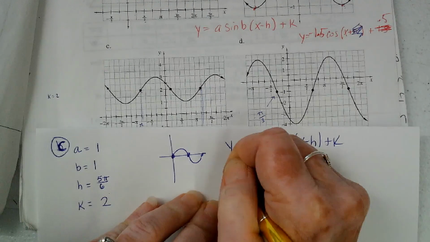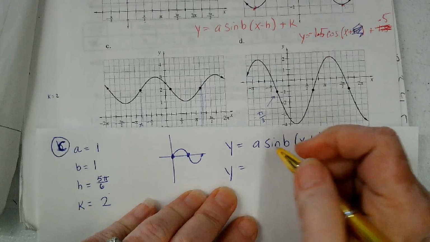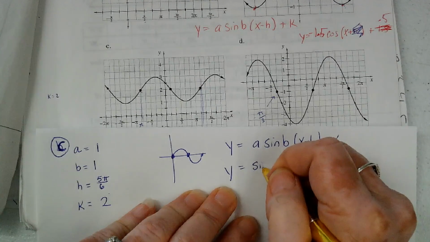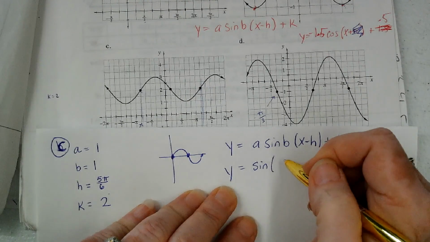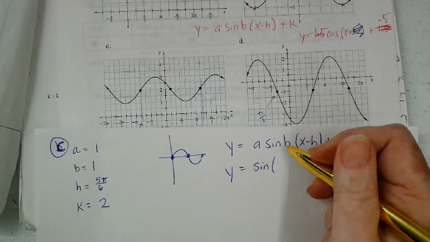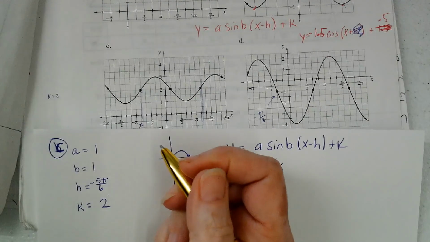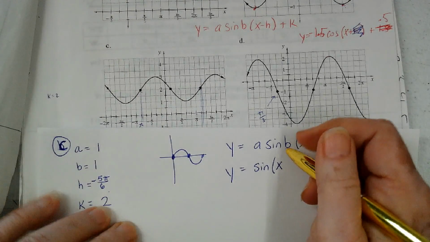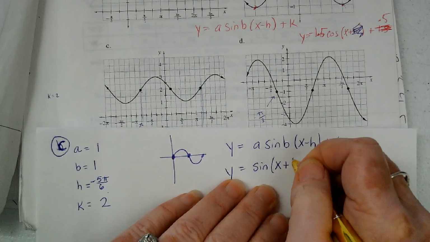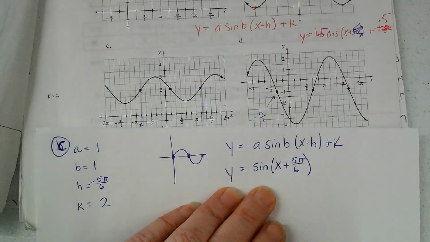So we said a was 1, so we won't write that. b was 1, we won't write that. So it's shifted left, so I'm going to write plus 5 pi over 6. And then it's up by 2.